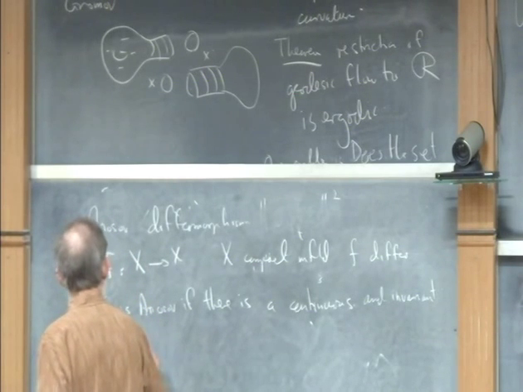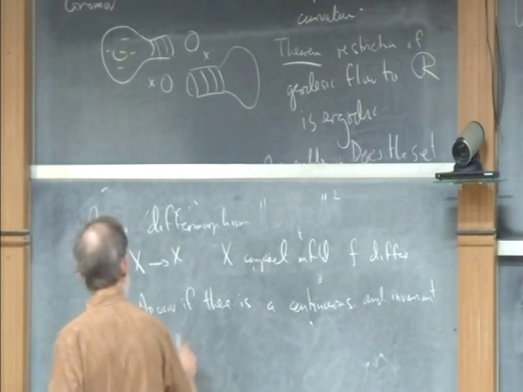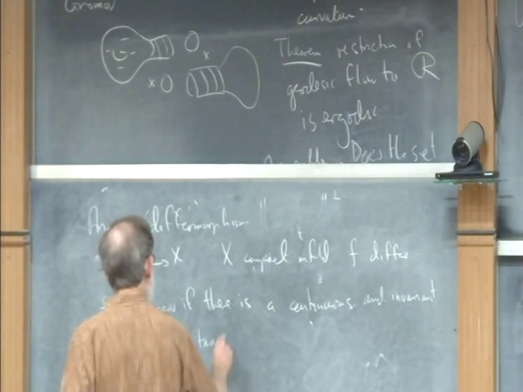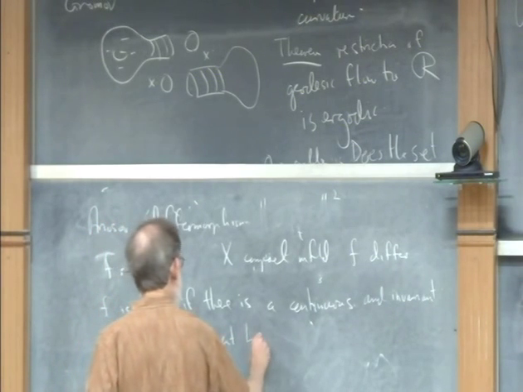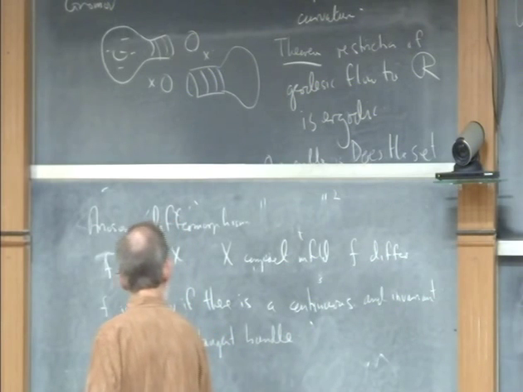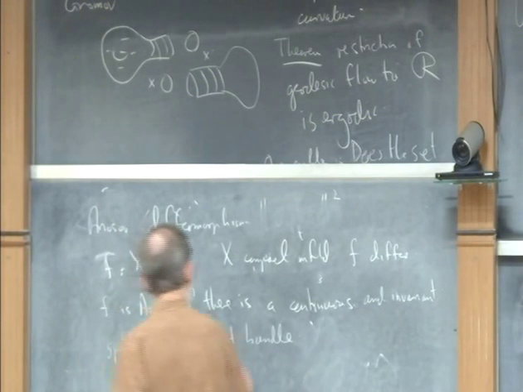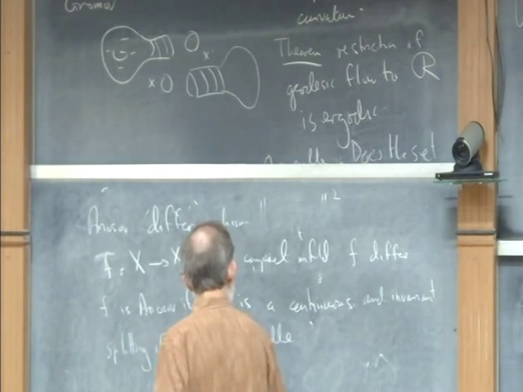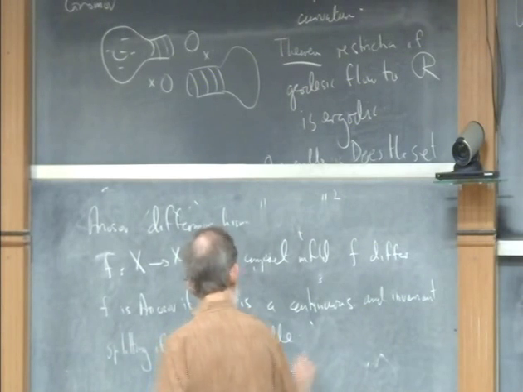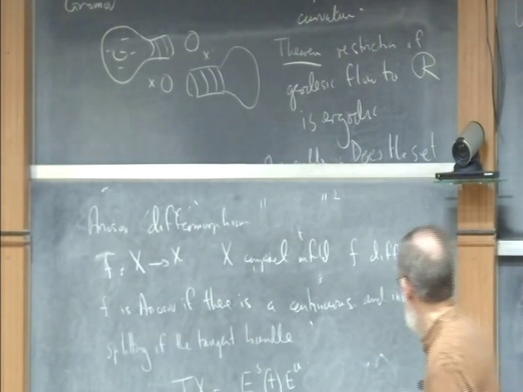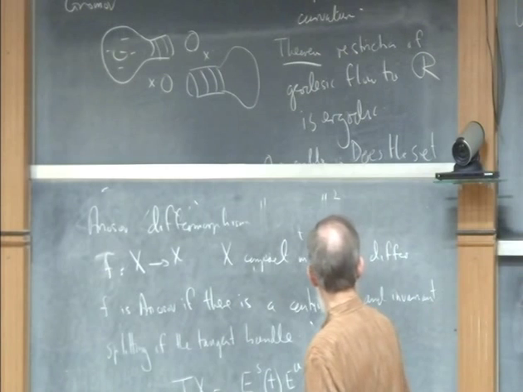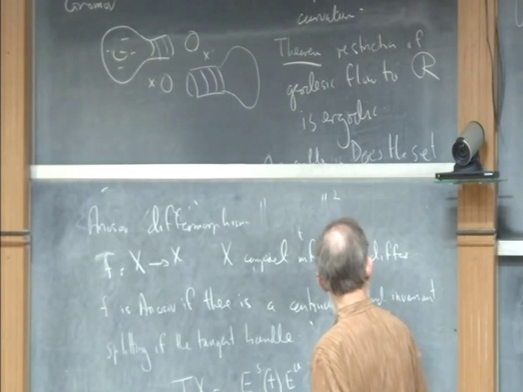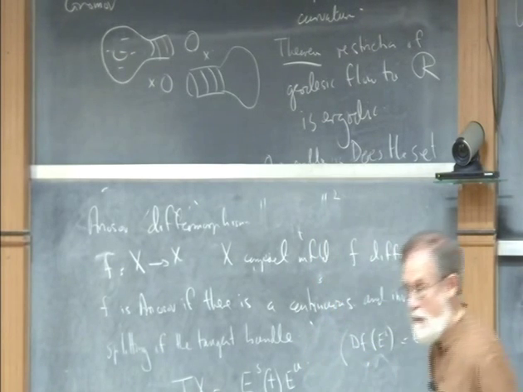So you have a splitting of the tangent bundle. The tangent bundle to X looks like E^s direct sum E^u. And invariant means the derivative of f applied to something in E^s gives you something in E^s.